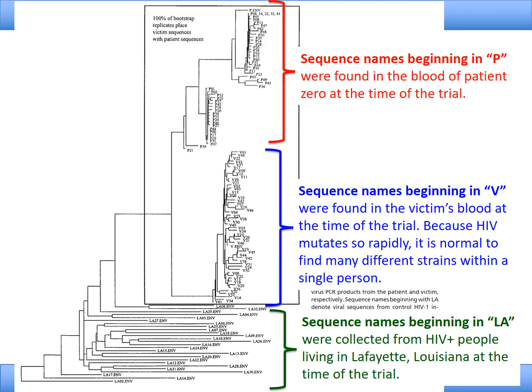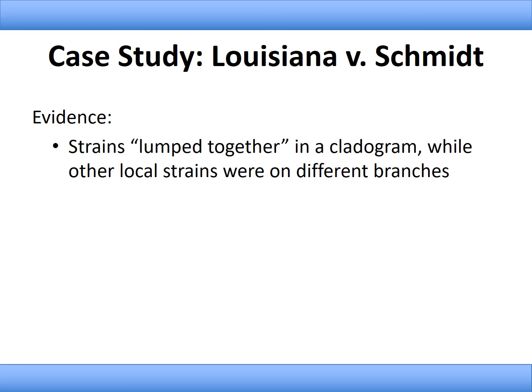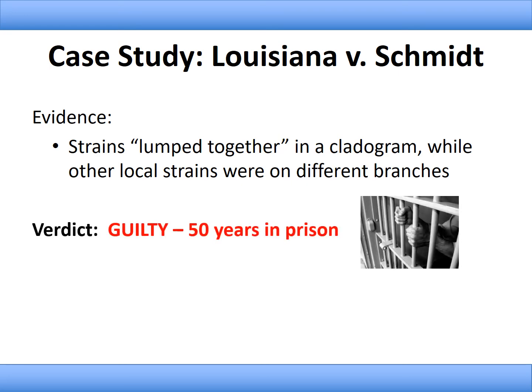And so in any community, you can trace the spread of HIV in this way. Interesting. So that's how those strains lumped together in a cladogram. And the verdict from the jury was that this guy was guilty. They gave him 50 years in prison. And he suggested that this is a new type of evidence and shouldn't be part of legal precedent.